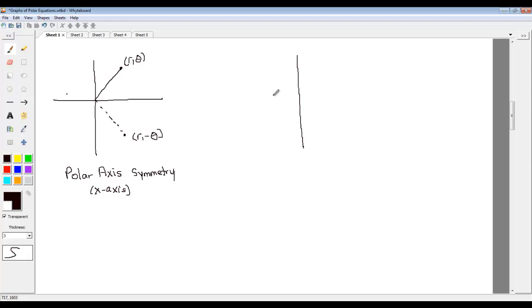If you have an equation with a point r theta that works, if you're able to take negative r negative theta and that works also in the equation, then you have theta equals pi over 2 symmetry.